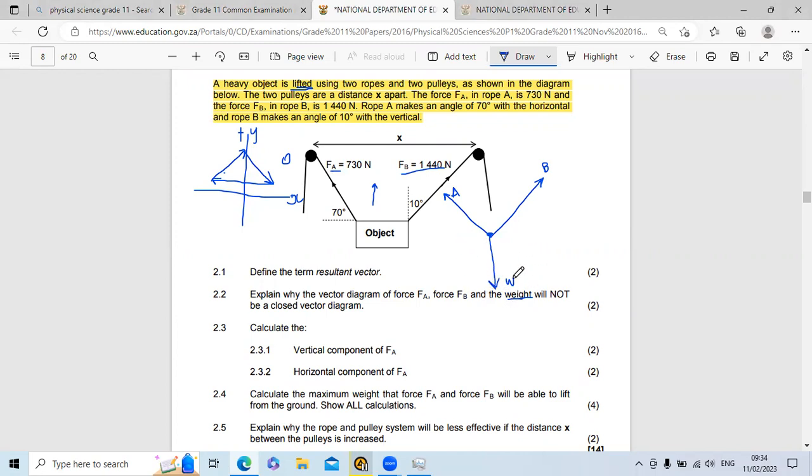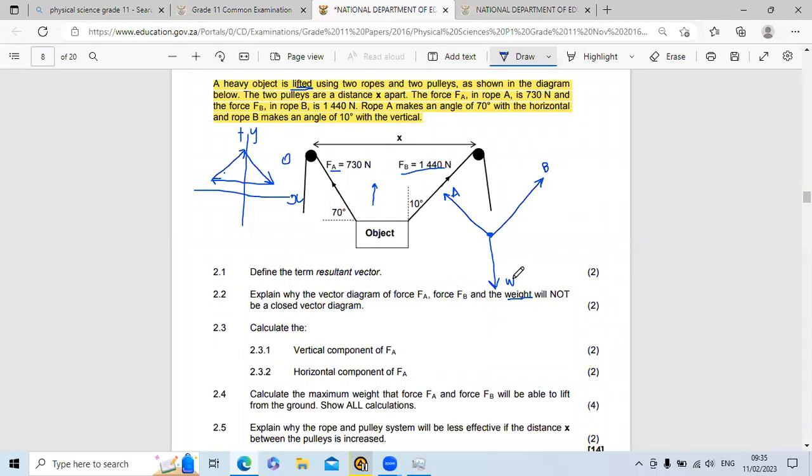So that means your resultant force is not going to be 0. That's the gist of it. So do you understand that one better? Okay.